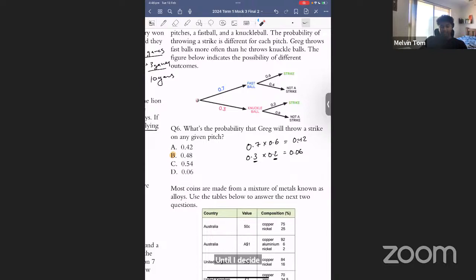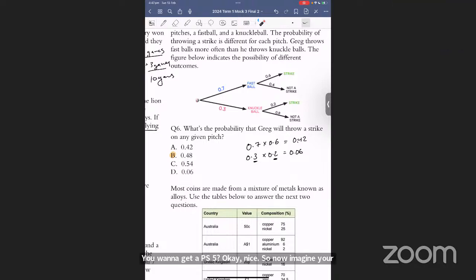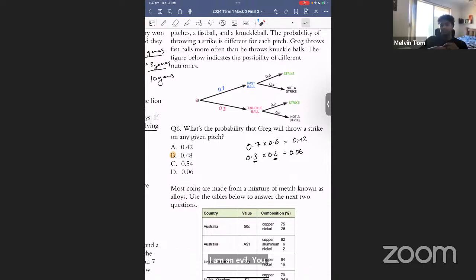Now imagine your parents come up to you and say, I am an evil statistician, and I'm going to use statistics to trick my daughter or my son. Here's the deal. If you pass the GATE exam, you have 2 options.